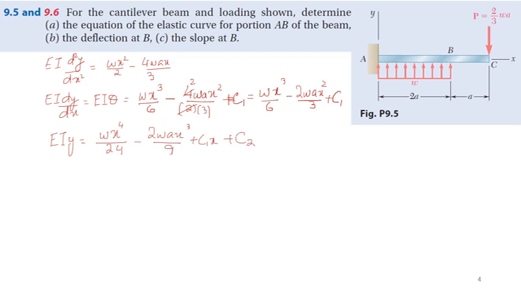Now what boundary conditions do we have? It is a cantilever beam, so at A, that means x is equal to 0, theta is also 0, and at x equal to 0 the deflection will also be equal to 0.